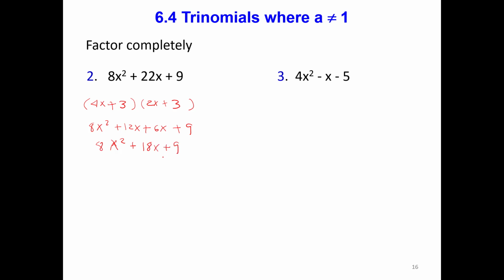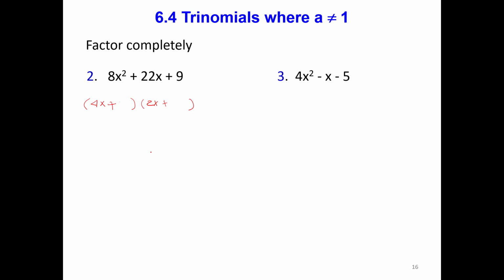That combination doesn't work because we need 22x. And what we need to do is change these numbers. Yes, those numbers don't work, and we need to try again.